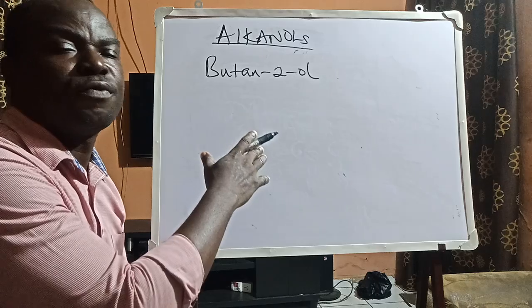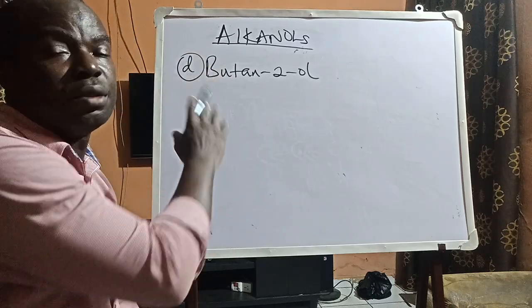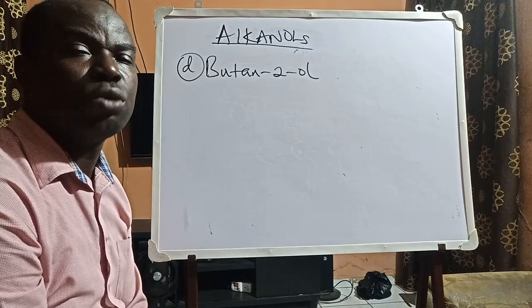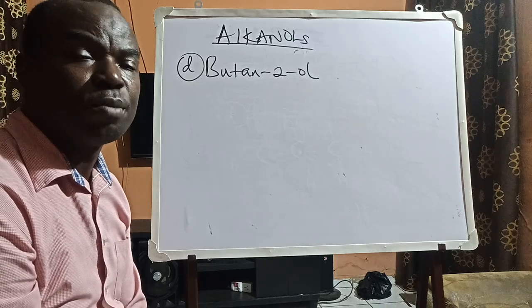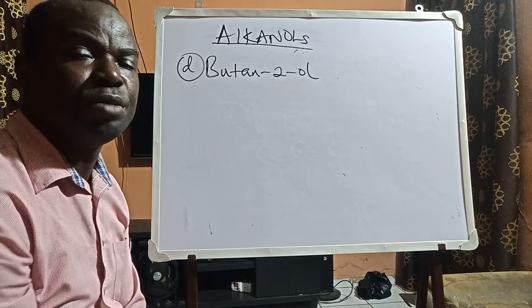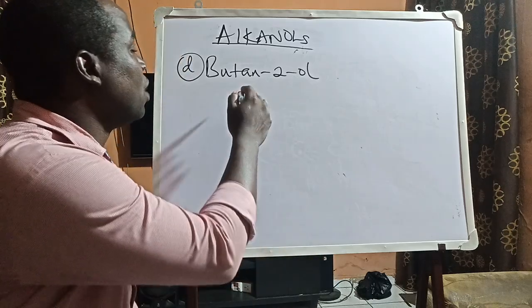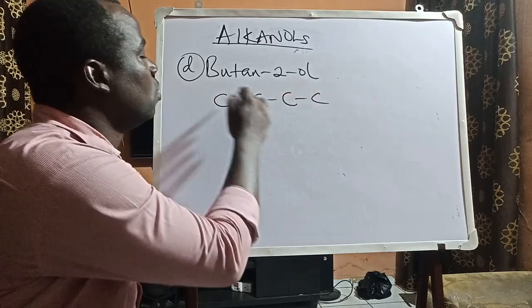It's an extension of where we stopped at the last video. So I'm going to number it D. Okay? So if you want to do butan-2-ol, you know but from the first video, it means 4 carbon atoms. Okay? So we have 1, 2, 3, 4.